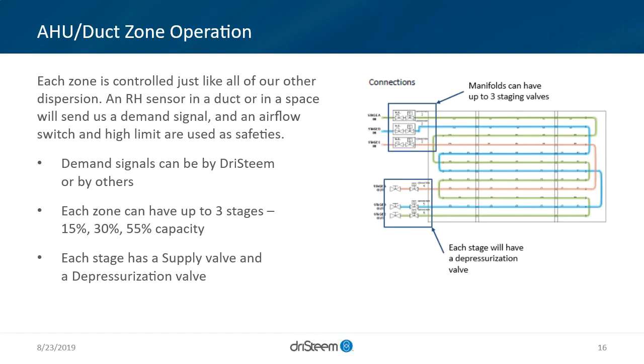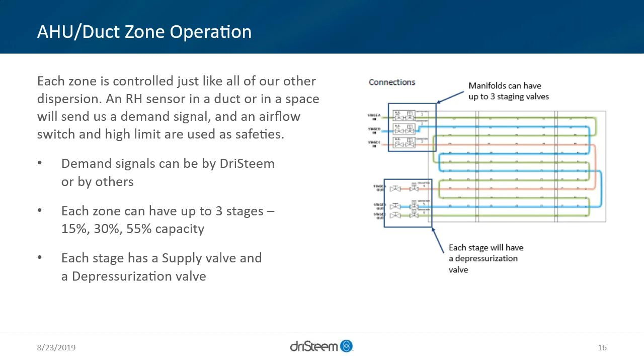So from DriSteem's perspective, we have 3 stages, and those stages are color-coded on the right there. The typical layout capacity is dependent on the physical size itself, but tends to end up around 15%, 30%, and 55% capacity per stage. With that being said, they can modulate all together, obviously giving you 100% capacity.